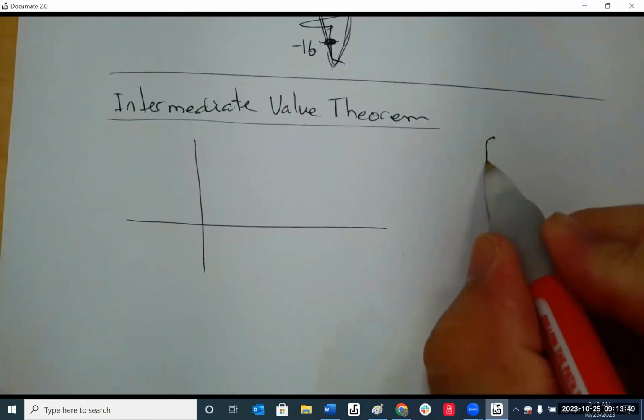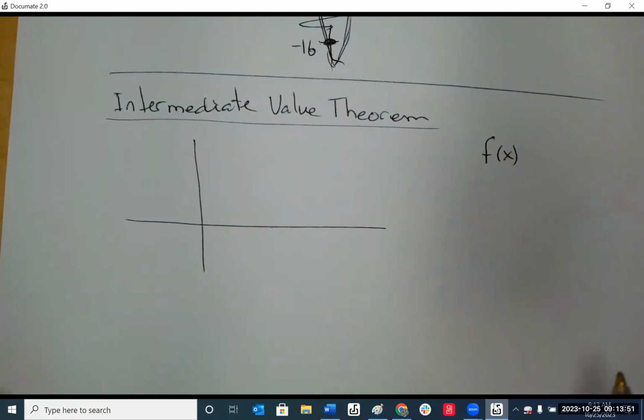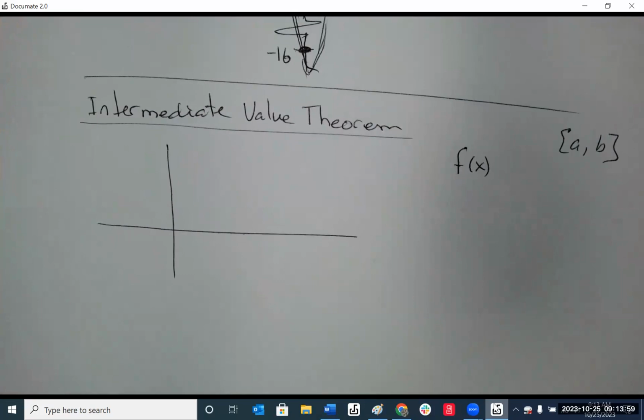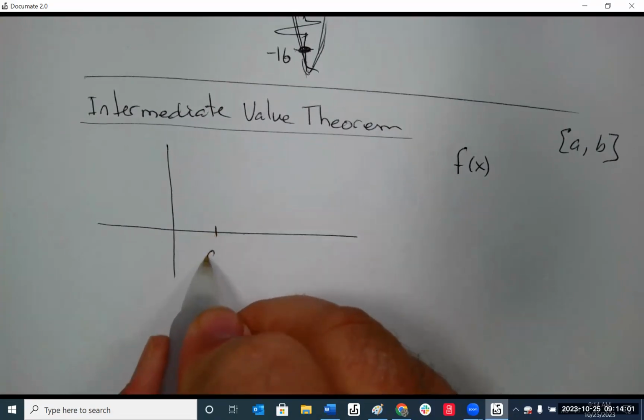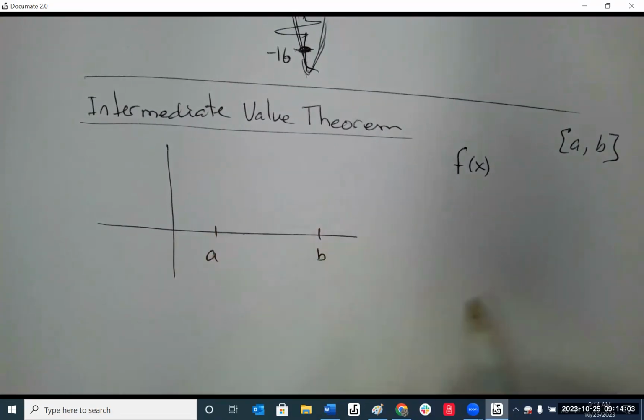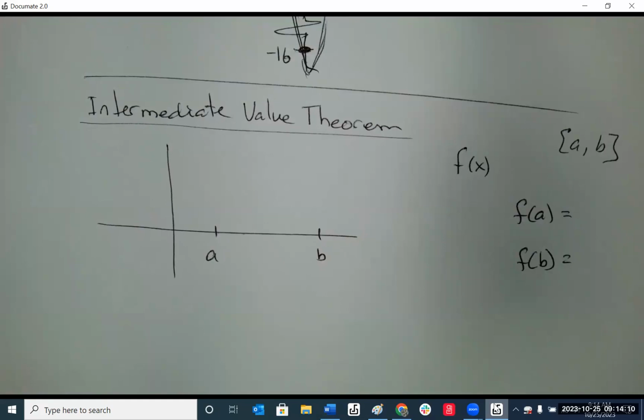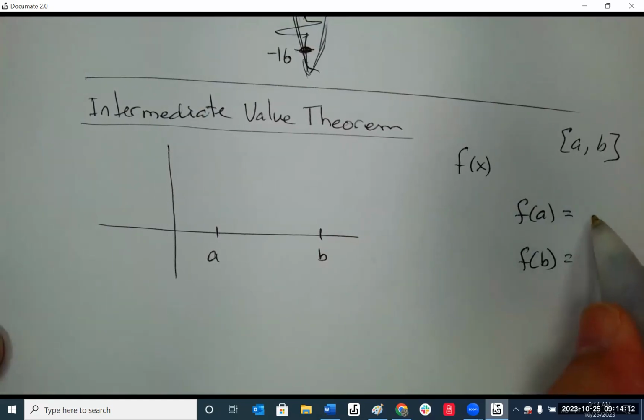If we have a function on some interval, let's say AB, and if we plug those two values in, and one number is positive, one number is negative.